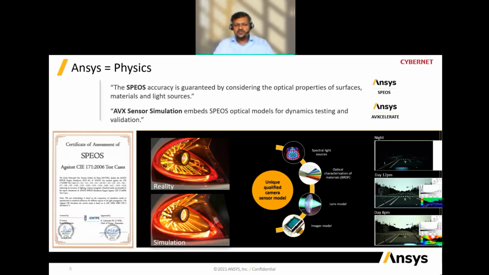And this software has been certified by CAE certification for the accuracy, for the theoretical and for the validation against benchmark products. And we can also work on day and night for different lighting conditions. So it's not only the light emitted by the various products, but we can also test it for ambient lighting definitions.